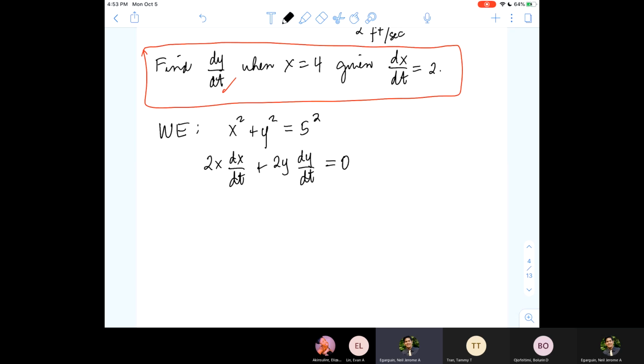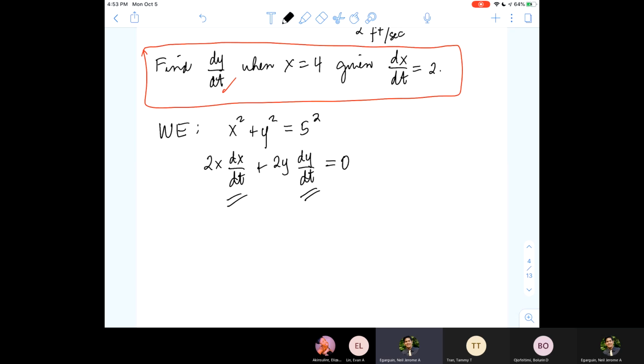In this problem, we have x, we have y, and we have the time variable. And we said that we need to differentiate with respect to time. So x and y should be regarded as dependent variables on time, and hence the chain rule will apply to them. That's why I have a dx over dt here and a dy over dt here.